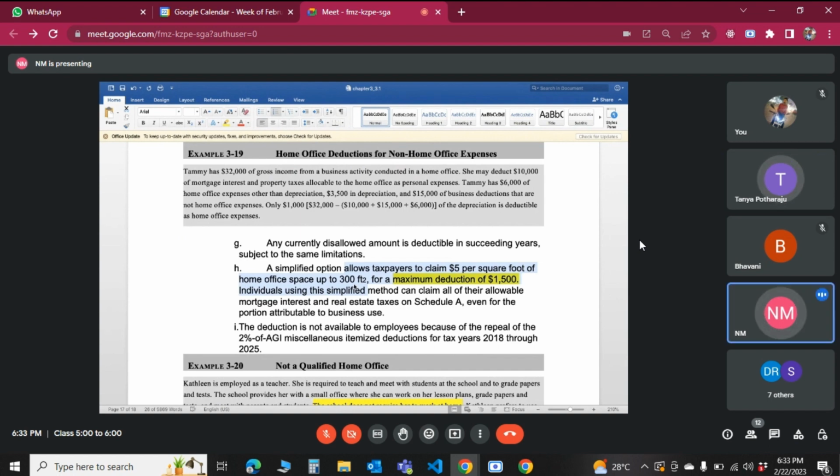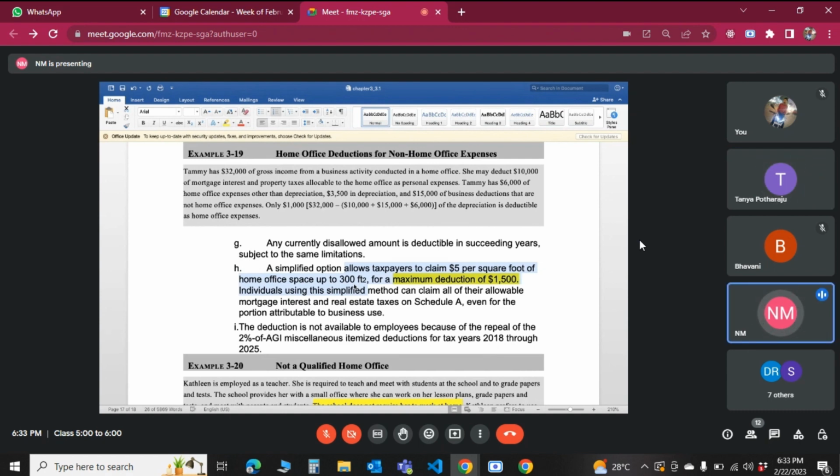So we take the whole measure of the house, and we allocate a certain percentage that is used for business purposes, and typically a maximum deduction of $1,500 comes for using the house as a home office.